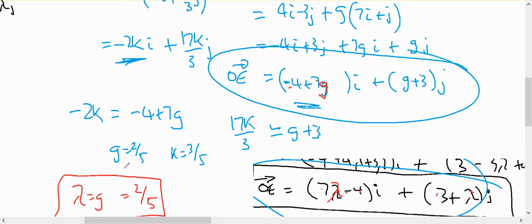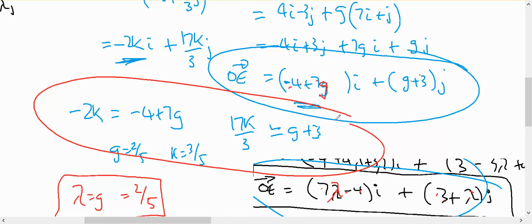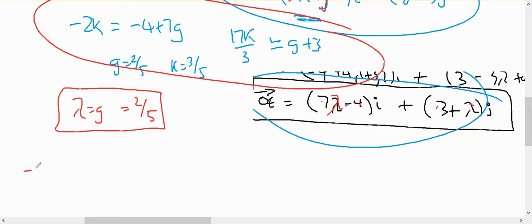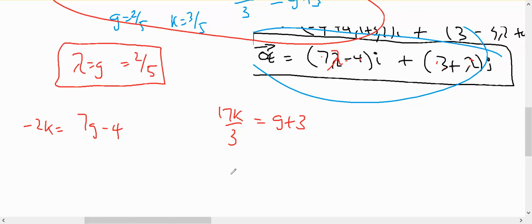If you're interested in seeing how to solve these by hand, continue watching. I've got minus 2k equals 7g minus 4. Now I've got 17k on 3 equals g plus 3. So I've got 17k equals 3g plus 9, so k equals 3g plus 9 on 17.